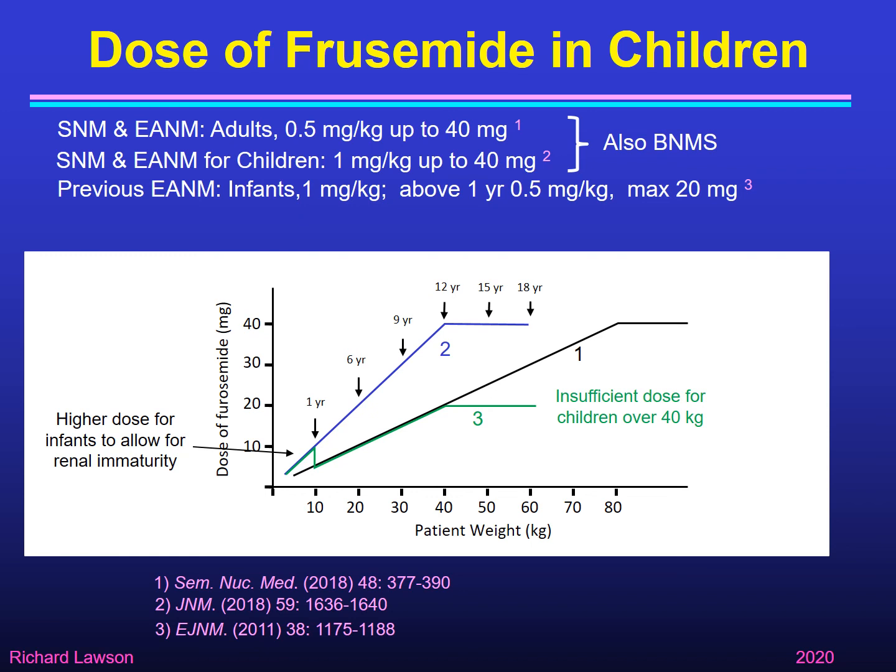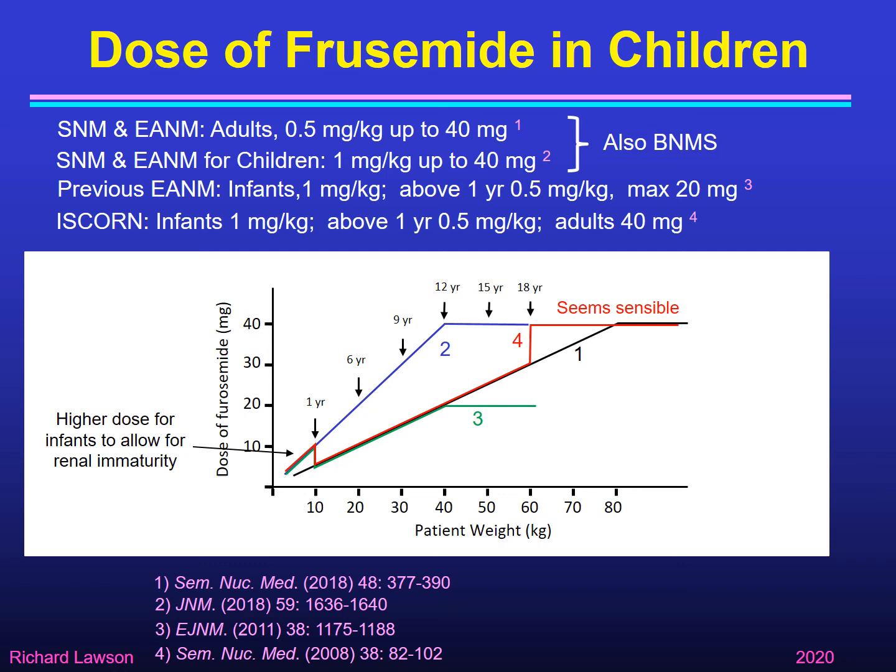For above 1 year, they said 0.5 milligram per kilogram, which gives the green line here, but they said a maximum of 20 milligrams, which clearly didn't give sufficient dose for children over 40 kilograms, which is why I think they changed it from the green line, the previous recommendation, to the blue line, which is the current one, although that does seem rather high for most children.